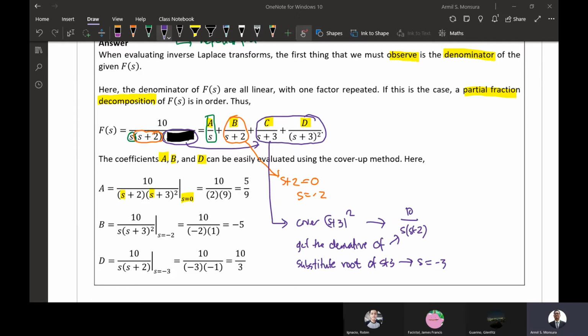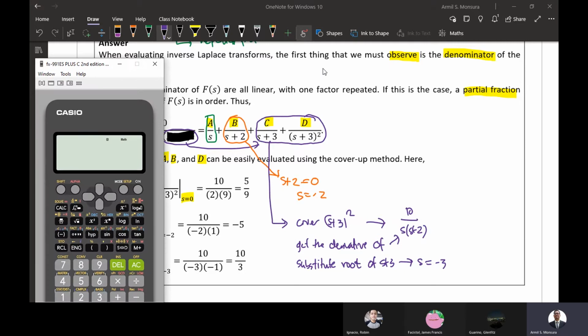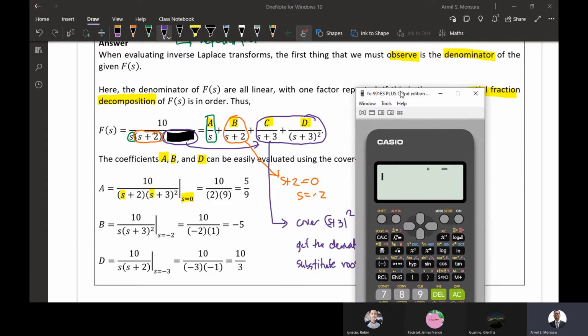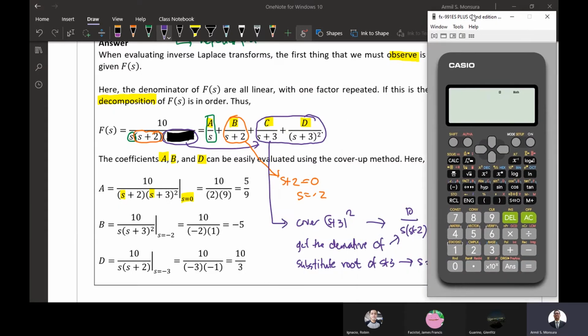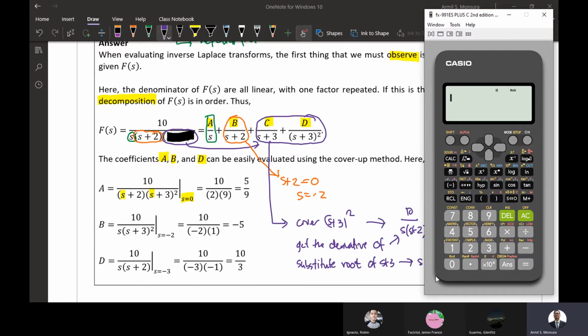Okay, so wait lang, buksan ko lang yung calculator ko. Eto siya. Again, pagka-cover natin yung S plus 3 squared, ang maiiwan doon is 10 over S times S plus 2. Tapos kukunin natin yung derivative nun.